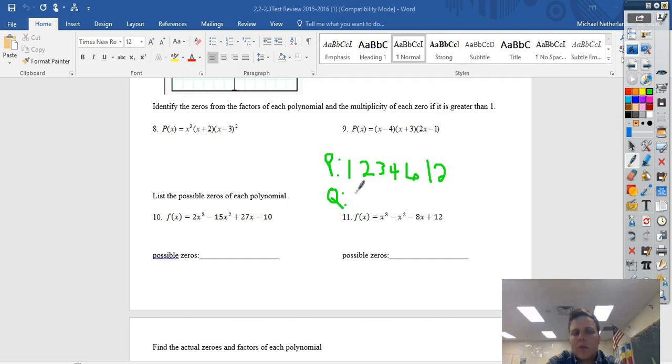So that would just be plus or minus 1. So if you do all the factors of P divided by all the factors of Q, you're going to get plus or minus, and it's going to go to all of them, so I'm just going to open parentheses, 1, 2, 3, 4, 6, and 12. Because 1 over 1 is 1, 2 over 1 is 2, and so forth. So there you go, that's problem 11.